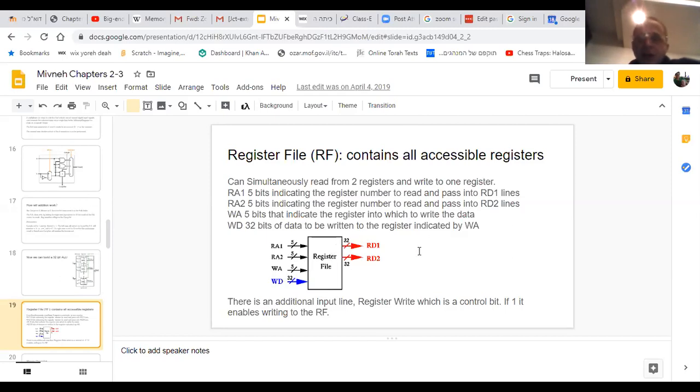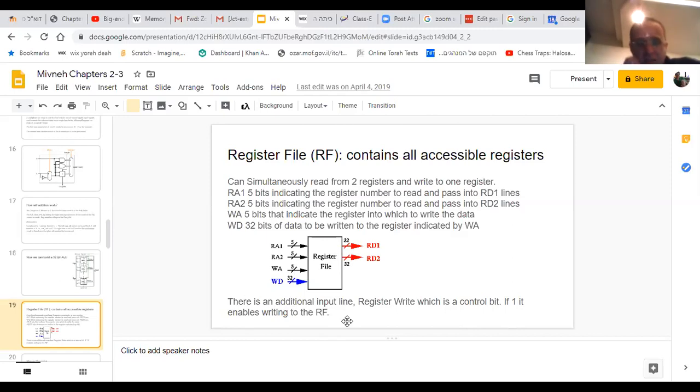The result I'm not going to write at the same moment, because it's going to be after I take these two numbers and put them through some kind of ALU over here. Let's say I have an ALU and I'm going to add them together. And then I'm going to put the result on this WD line, write data, and tell it I want to write it to register number 12. So these two 32-bit numbers will combine together into a new 32-bit number, and that will go into the write data.